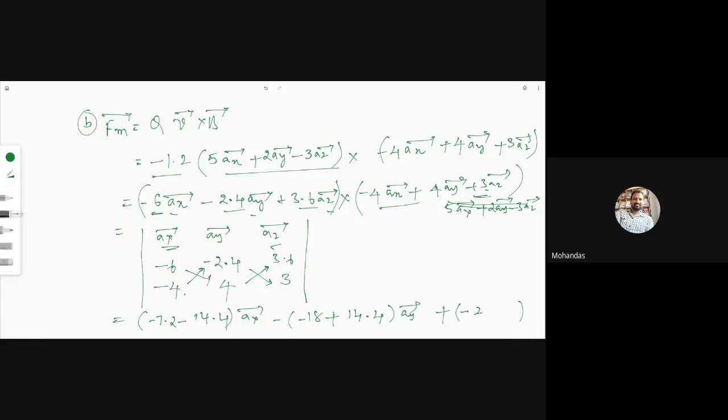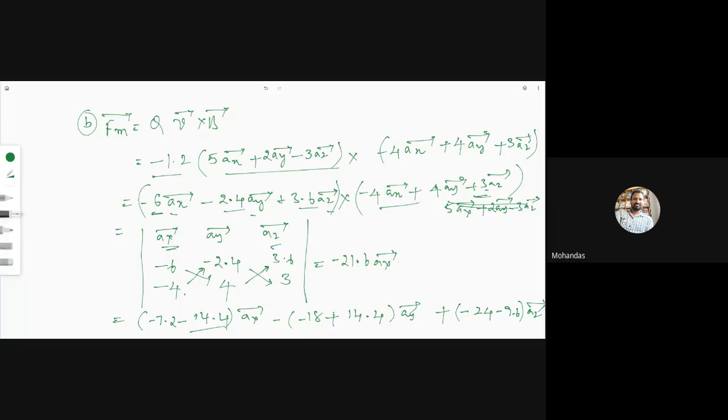Very good. If we simplify these, 14.4 and 7.2 is minus 21.6 AX. Plus, if you add these two, that becomes 3.6, right?